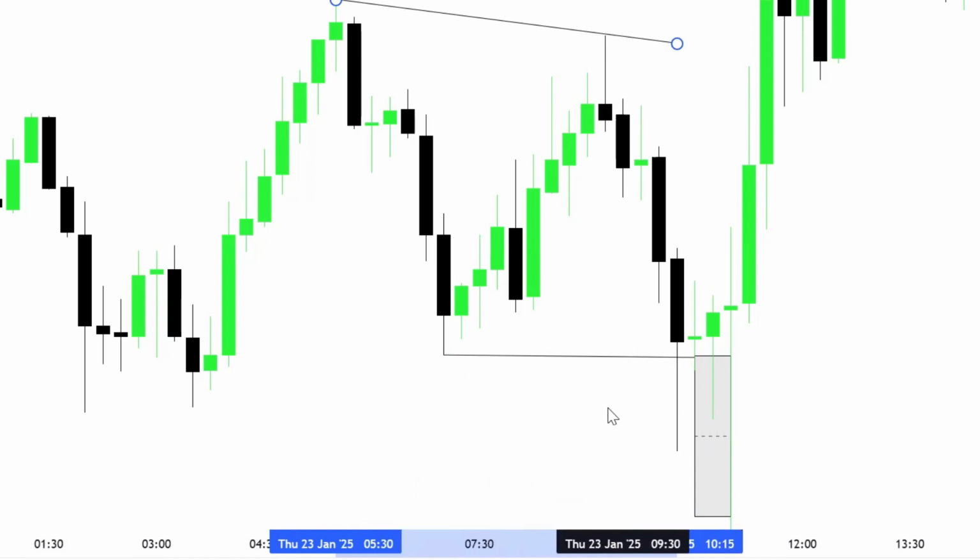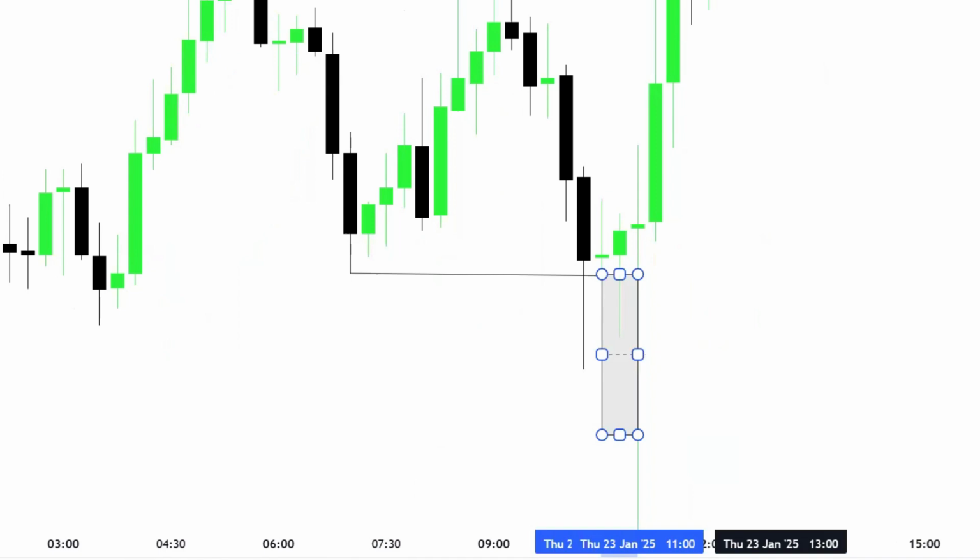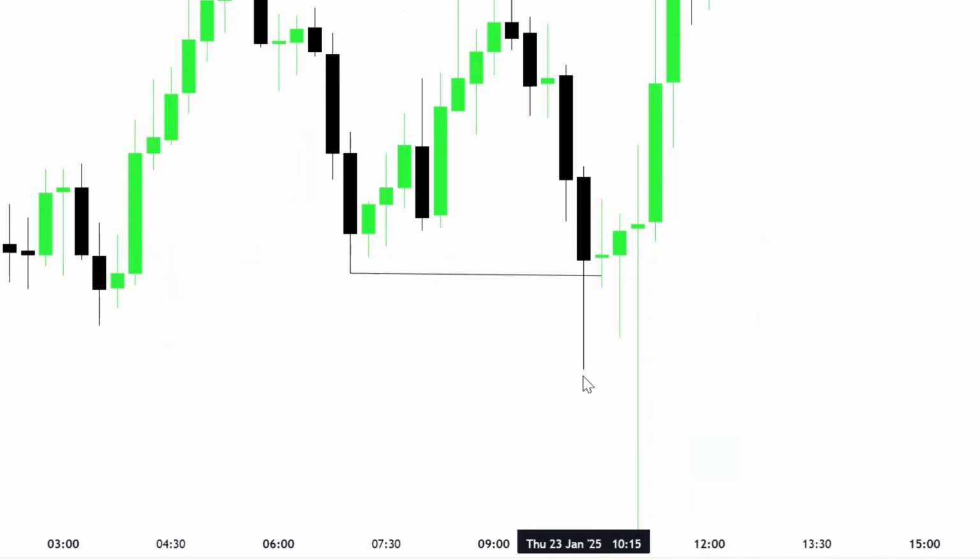We have this low that has been pierced through by price. The first price action pierced through this low and then closed above the low. The second one opened, traded up high, retraced to take out the low again and then closed above the low.